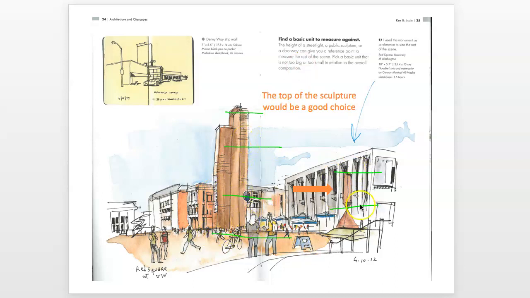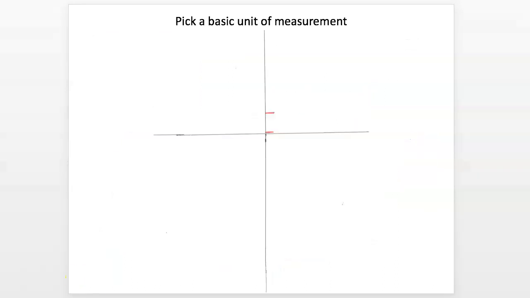So once I decide how big this unit of measurement on my page is, I can make that many measurements for the building, and they'll be in a proportional relationship to each other. If you're getting a little confused right now, don't despair. It'll become more and more clear as we go.